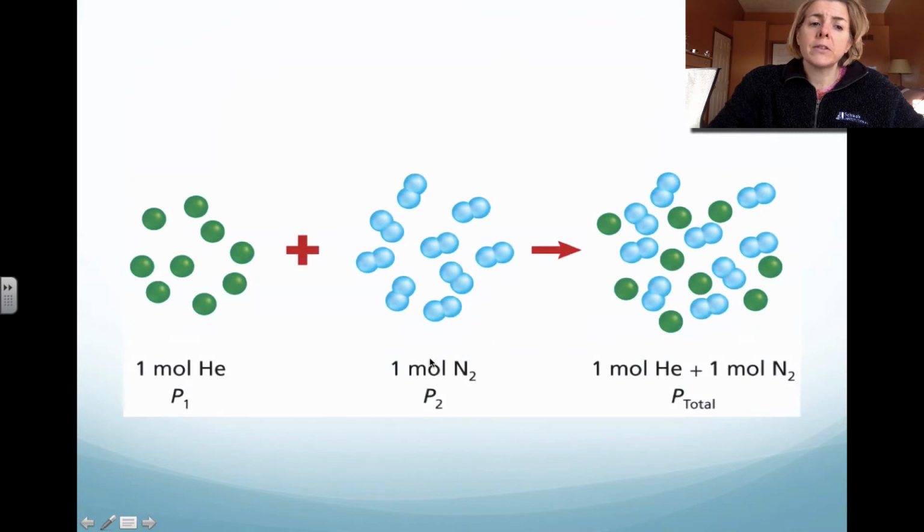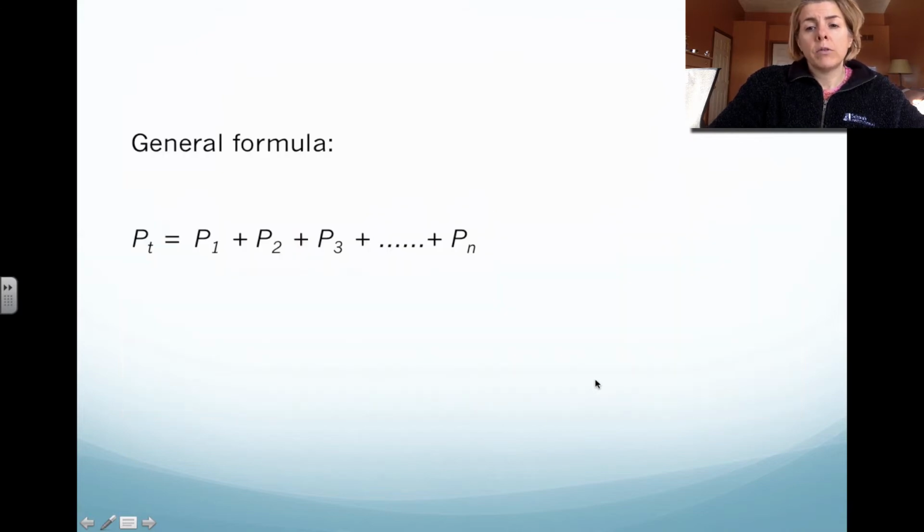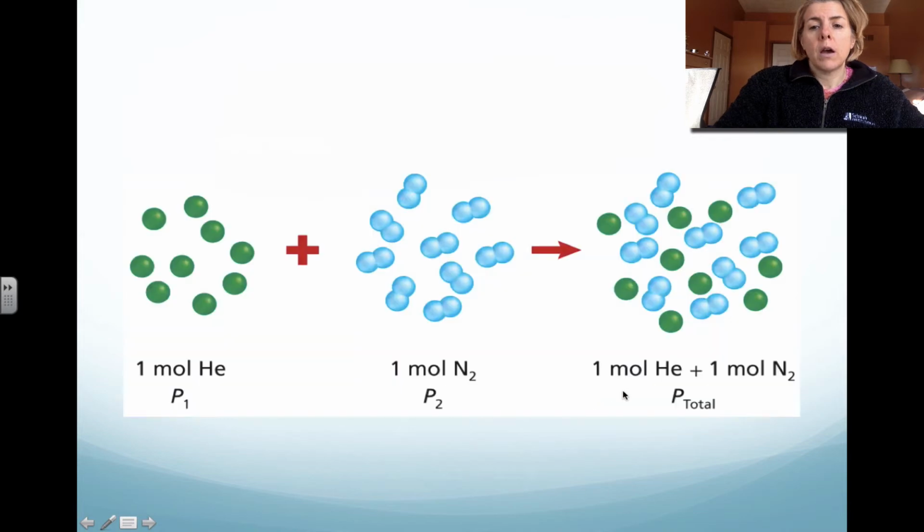For instance, here we have 1 mole of helium and 1 mole of nitrogen. All that matters is the amount of each. So we have 2 moles of them together, and each exerts a certain pressure based on the amount of the gas.